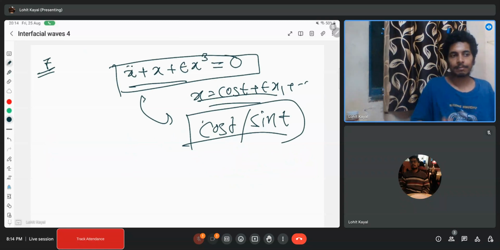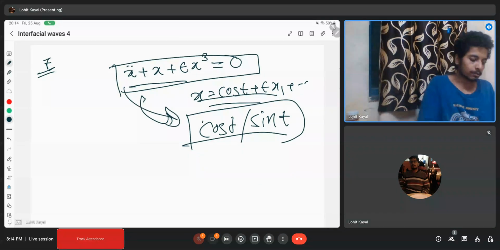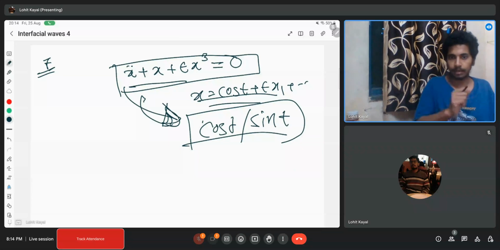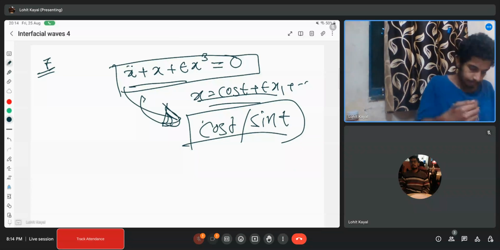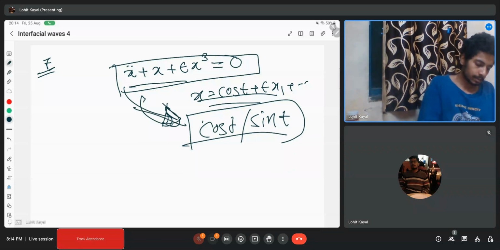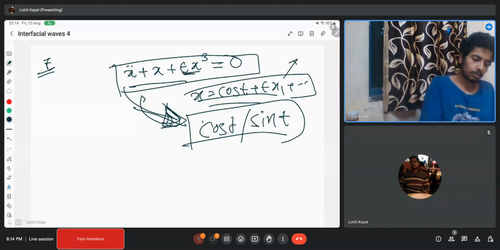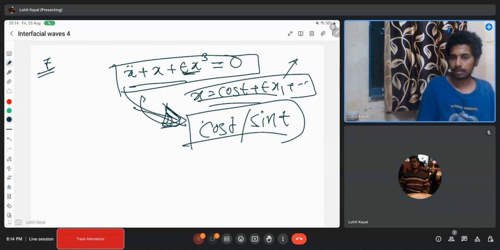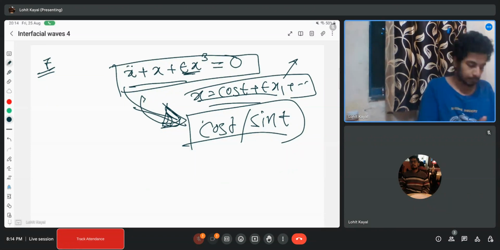But that is just a mathematical expression that you get while doing the mathematics, not a physical answer, right? So what is the possible physical explanation? When you try to solve this using the regular perturbation technique, it generally fails. What is the physical reason for that?